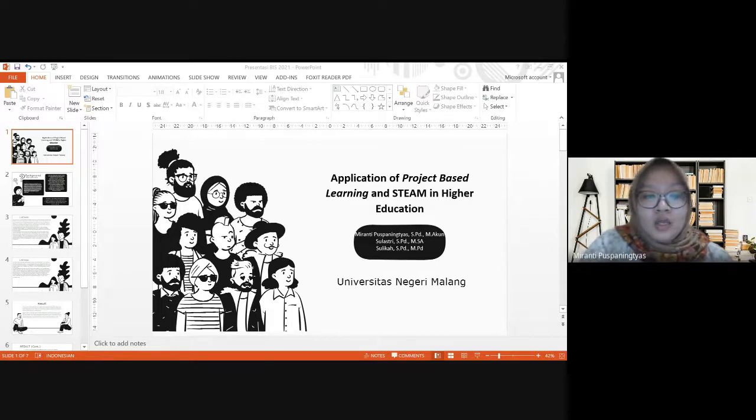In the monitoring stage, the lecturer monitors the progress of the project carried out by the students, so the obstacles faced by students when carrying out the project become known. In the assess the outcome stage, evaluation of the project result is carried out against the learning objective. In the evaluation stage, the lecturer and students together evaluate the learning experience.